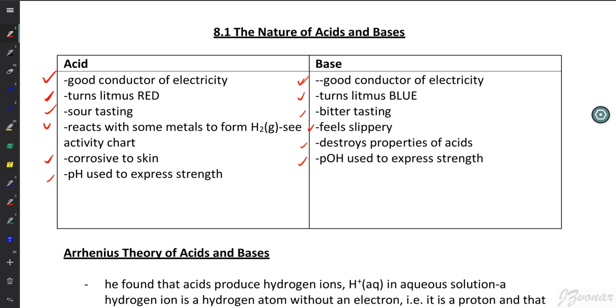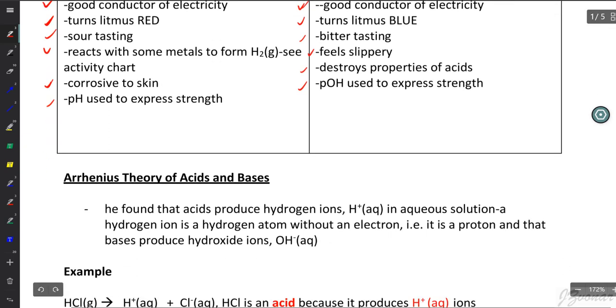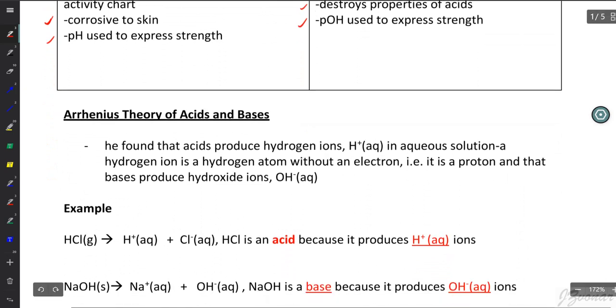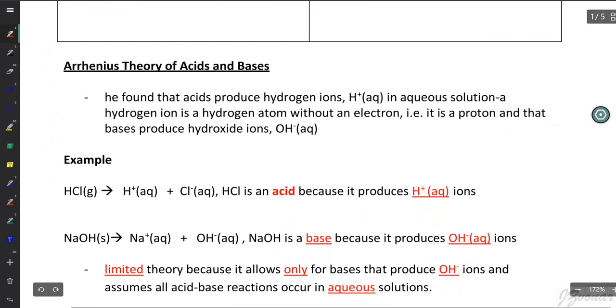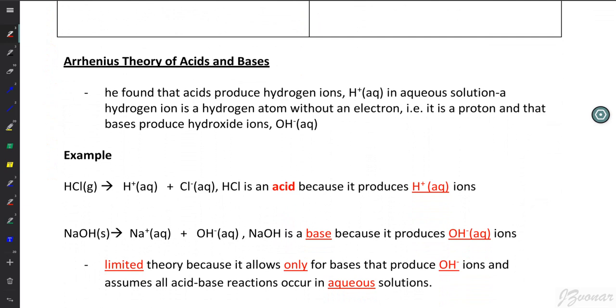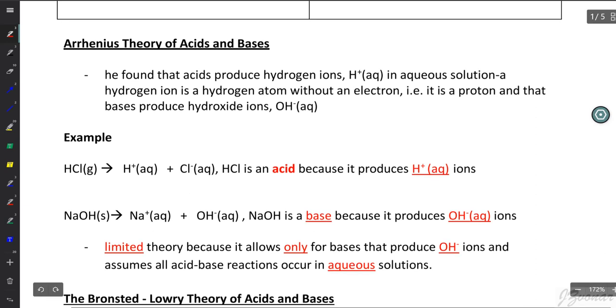All right, so we have two different scales that are present here. Now, the first person to come up with a theory to explain the differences between acids and bases was Svante Arrhenius. He was a Swedish chemist, and he performed a series of experiments and helped to explain his observations of what an acid and what a base was.